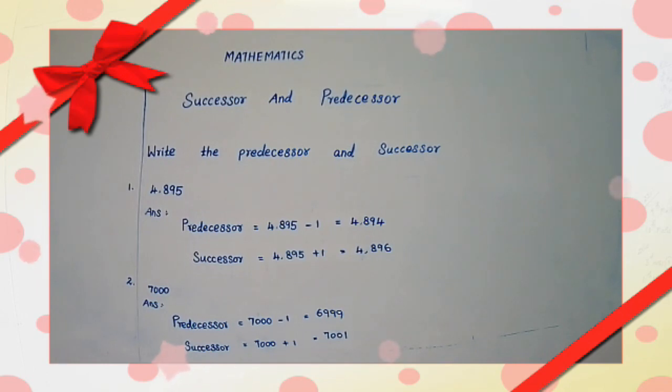Successor. Successor is equal to 4895 plus 1 is equal to 4896. To complete the first question means you leave one finger space and start the second one.